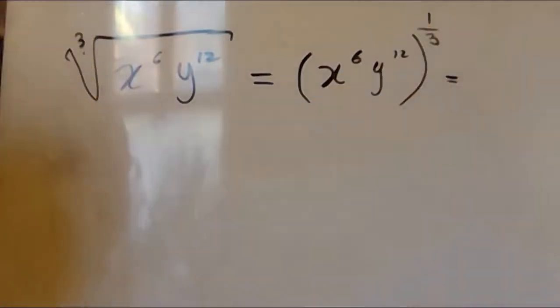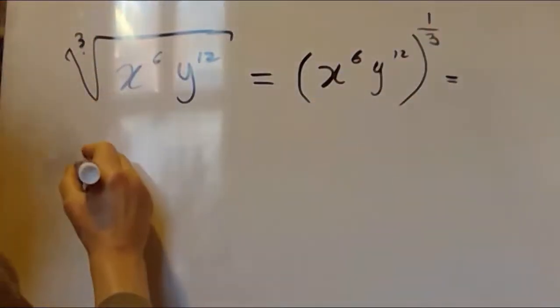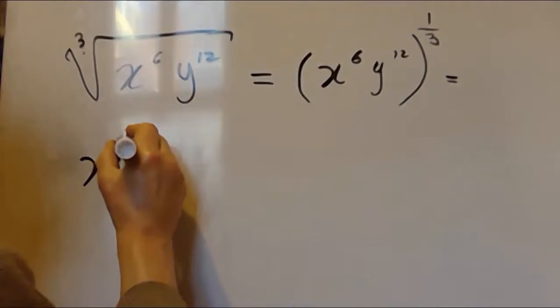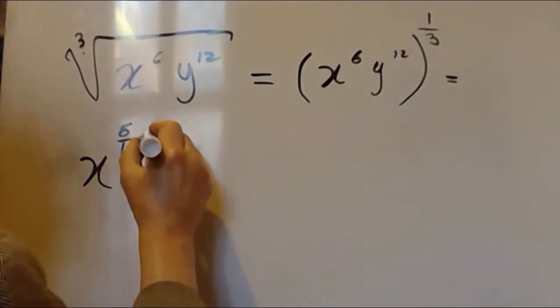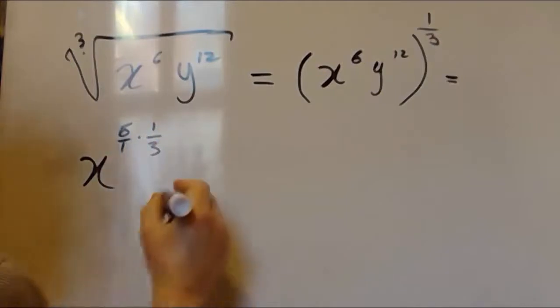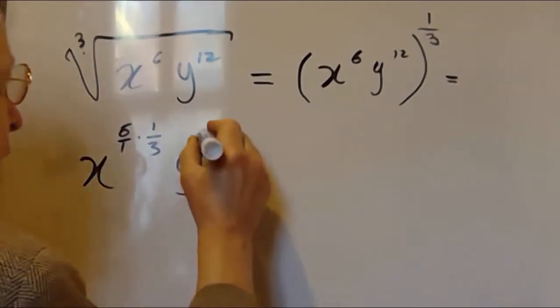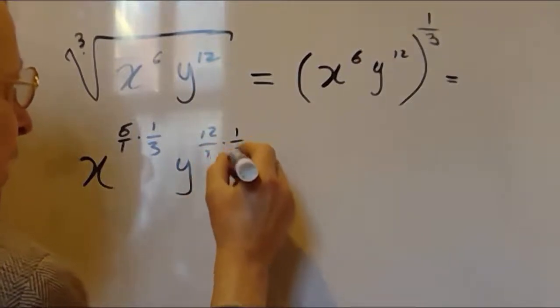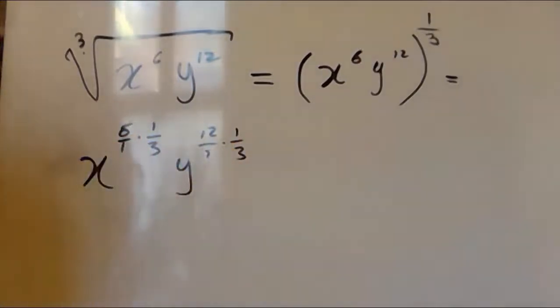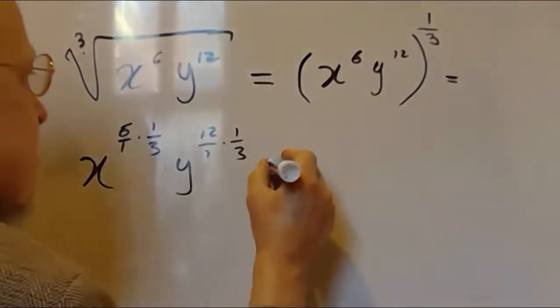Now we're going to use our rules. So we're going to do 6 over 1 times 1 over 3. And then we're going to have y 12 over 1 times 1 over 3. And again, I'm just using that 1 as a place mark so you don't get confused about what I'm doing.